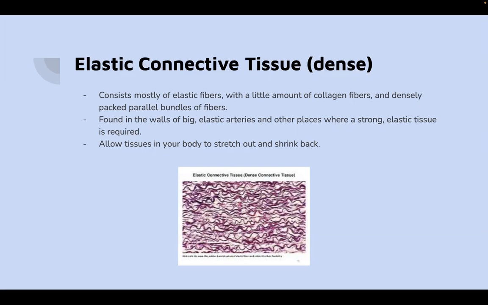And it can allow tissues in your body to stretch out and shrink back. And it's found, like I said, in the big elastic arteries, other places where a strong elastic tissue is required. This is a little picture over here, how it could look like.